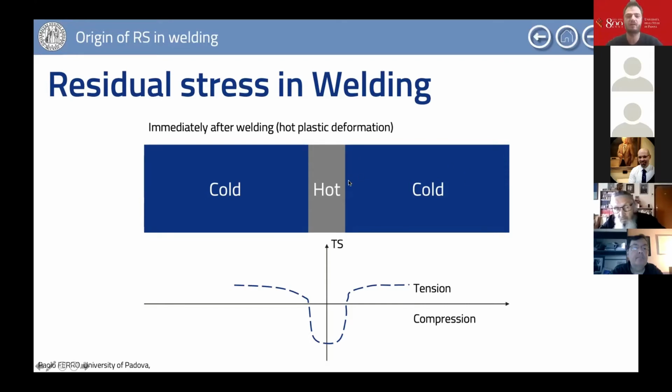But of course, because of the constraint induced by the non-heat affected material, this hot part undergoes compressive thermal stresses. On the other hand, because the residual stress field is a self-balanced field, the other two parts are subject to tensile thermal stresses.